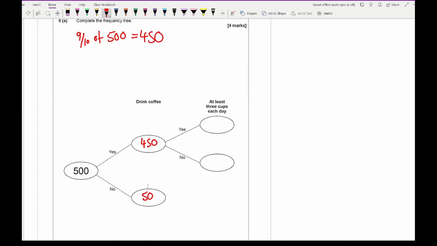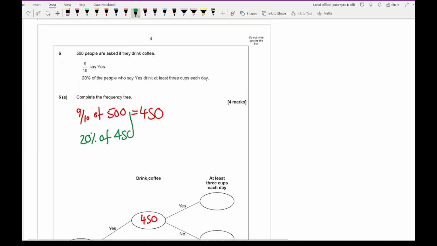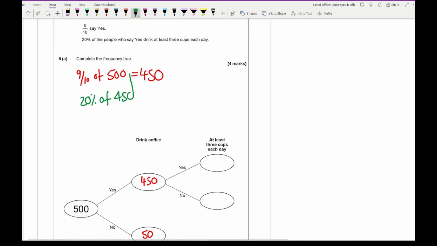Next thing I then do, it says that 20% of people who said yes drink at least 3 cups. So I then need to work out what 20% of 450 is. 10% of 450 is 45, so 20% is going to be 90.